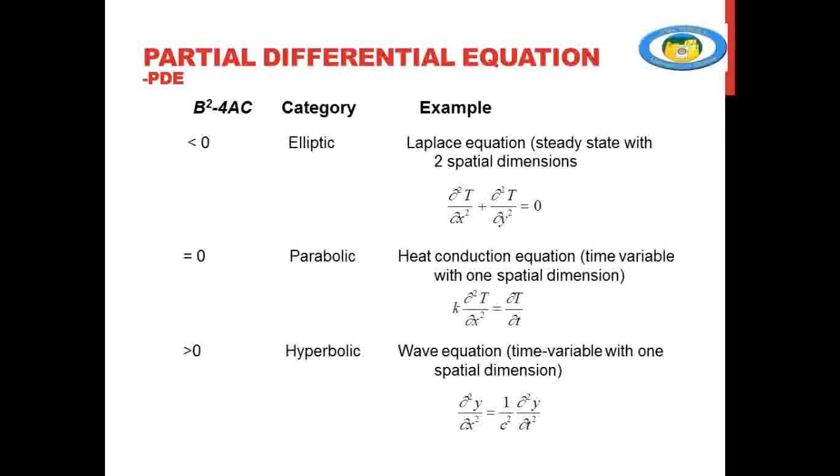If b squared minus 4ac is less than 0, we call it an elliptic partial differential equation. If it is equal to 0, we call it parabolic. If it is greater than 0, we call it a hyperbolic partial differential equation.